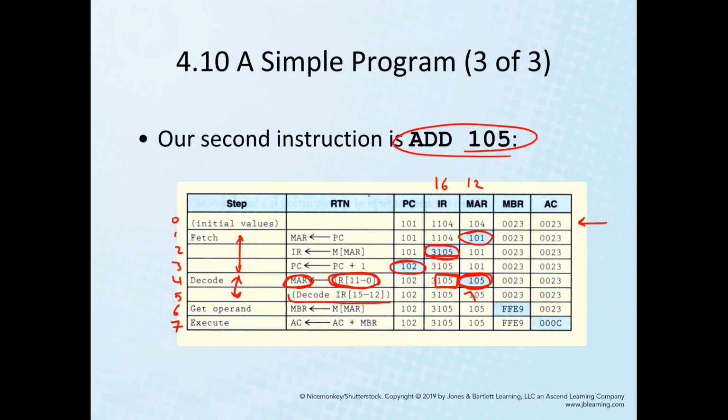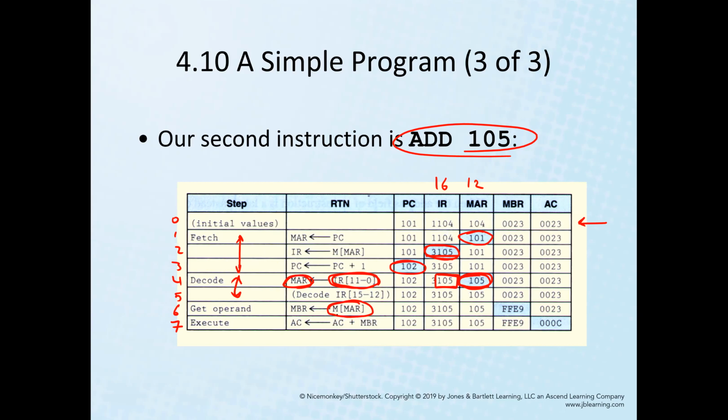Okay, now that we have the operand address in MAR, the control unit decodes the instruction. It doesn't change any value in these registers. Just decodes the instruction to see what kind of signals it's supposed to generate. After that, the processor gets the operand from address 105.